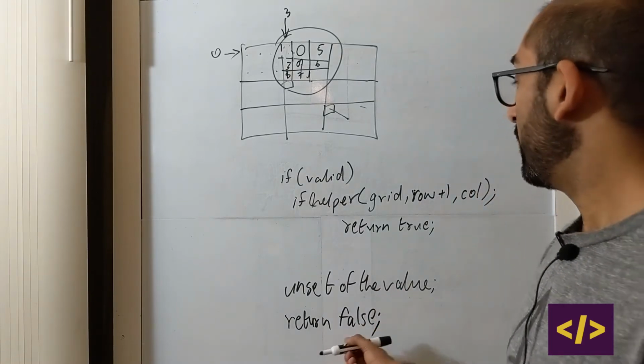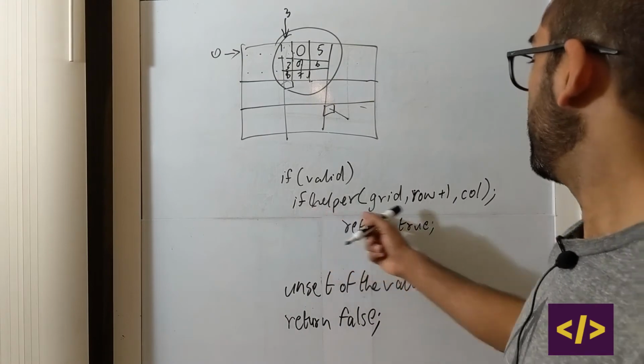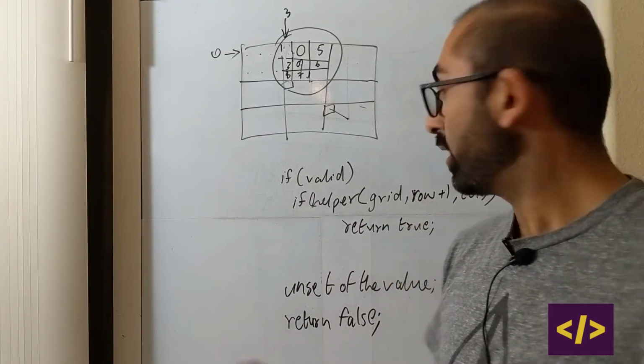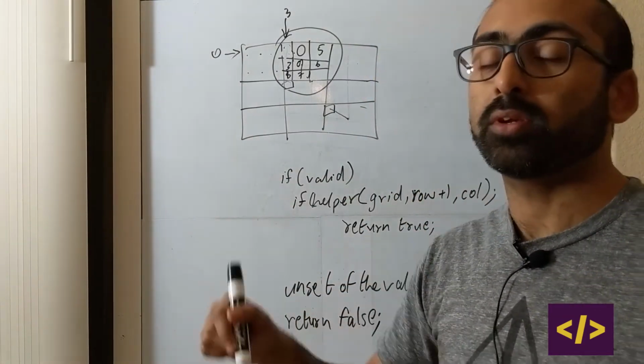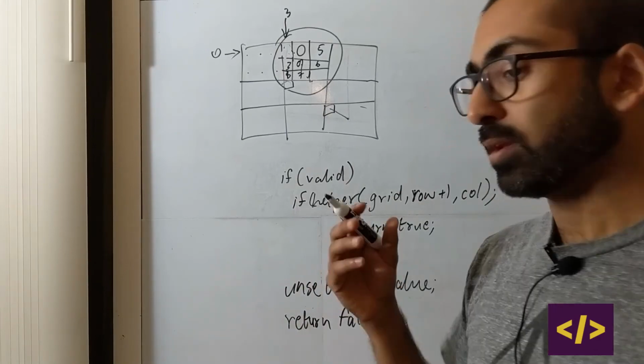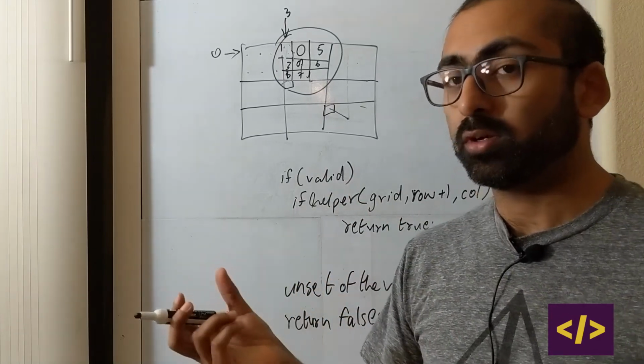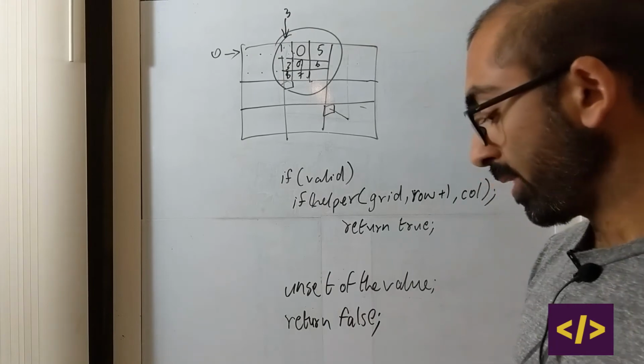So what does that mean? If you're returning false, it means that this function would have failed, and then it will not go down the recursive stack. That means that whatever value you selected is wrong, so keep going back.